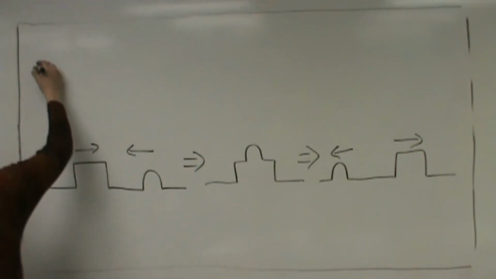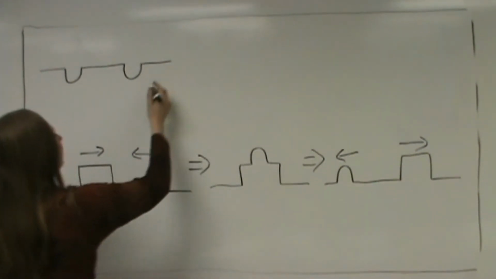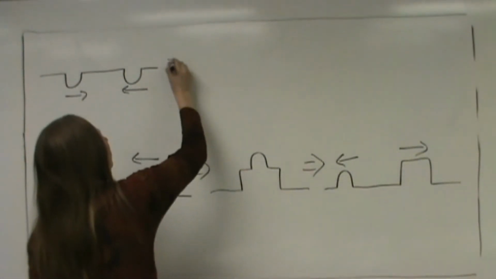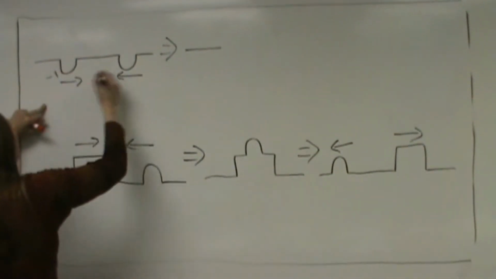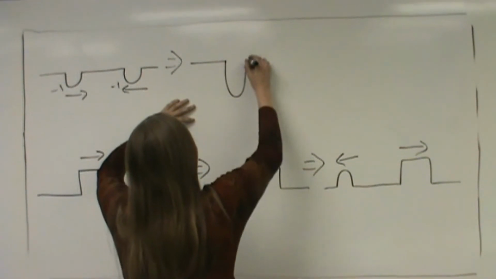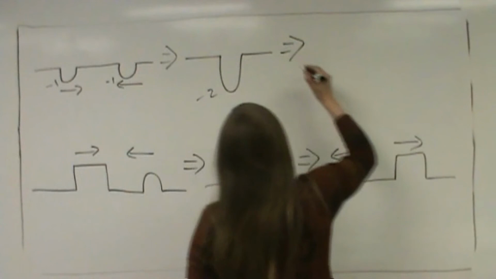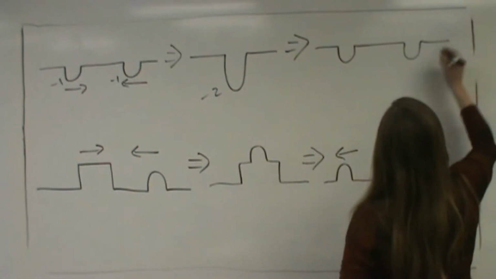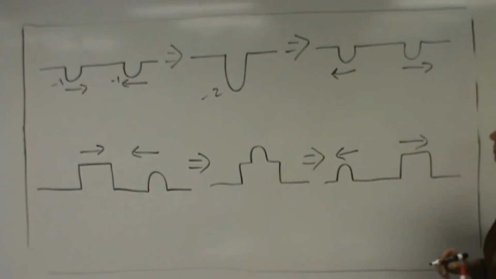When they come together, if this is -1 and -1, they're on the bottom, then together they would be -2, and then they pass through each other undisturbed. -1 and -1, he's going that way, he's going that way. Okay? So when crest meets crest, or trough meets trough, you have constructive interference.